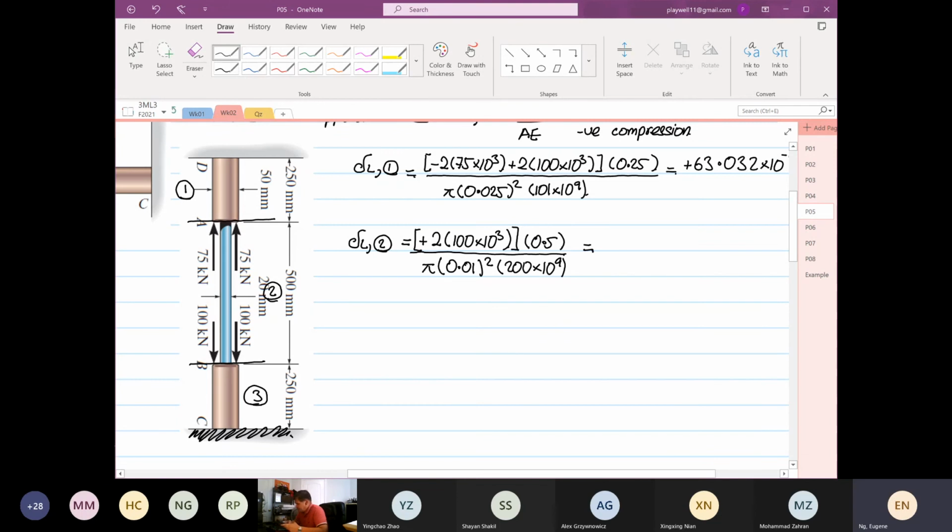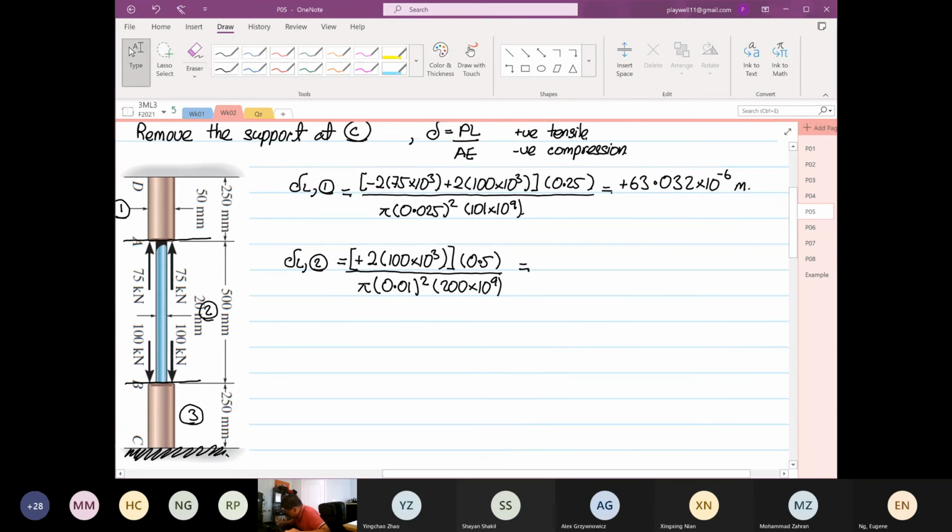So this is equal to 200 times 10 power 3 times 0.5 divided by pi divided by 0.01 squared divided by 200 power 9. I get 1.592 times 10 to the power minus 3 meters. So this is positive.